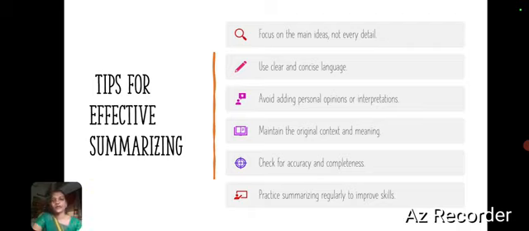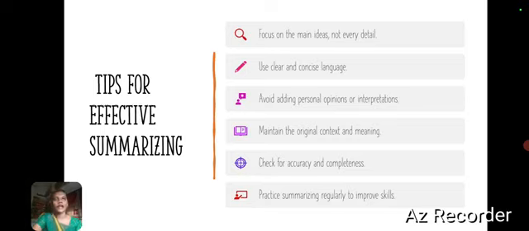So tips for effective summarizing. What are the tips we have to look for while summarizing? We have to focus on the main idea, not each and every detail that is present there, and use clear and concise language. Only you can understand your summarizing notes. Avoid adding personal opinions, we can't add just everything to our summarizing notes.